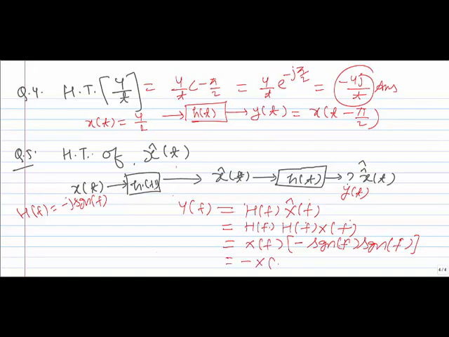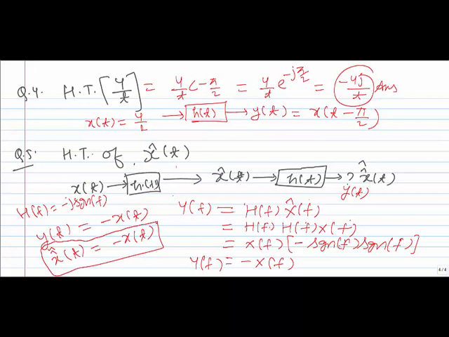So I will get minus of X(f). So Y(f) will be minus X(f). So what I can say is that y(t) will be equal to minus of x(t), and y(t) is this, so I can say that x double hat(t) will be equal to minus of x(t). So we can comment that by taking the Hilbert transform twice of the same signal, we will get the same signal with a negative sign, right?